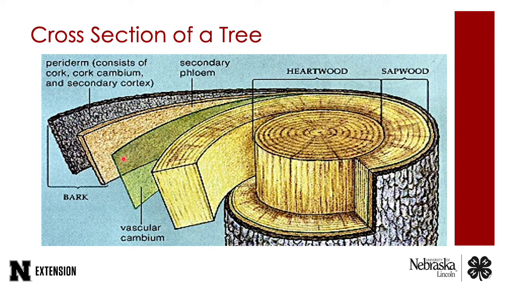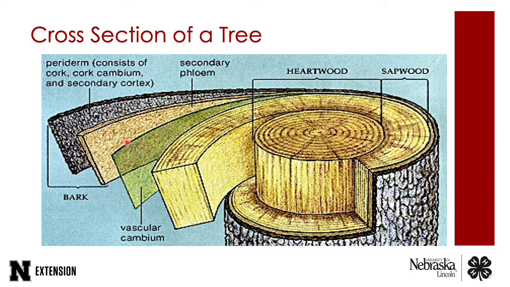The vascular cambium also puts on a set of cells to the outer area, which is the phloem. And the phloem cells are typically only active for 1 year, and then they are replaced by a new layer of phloem every year.